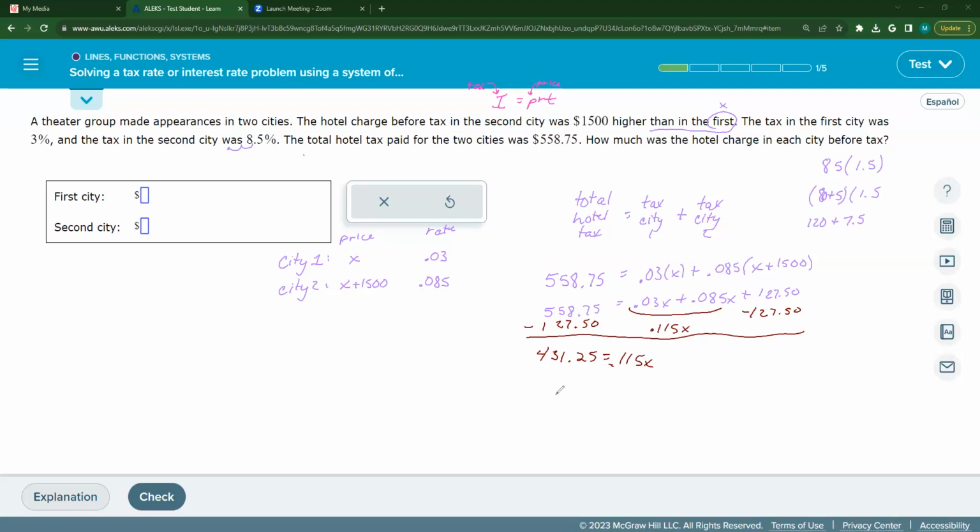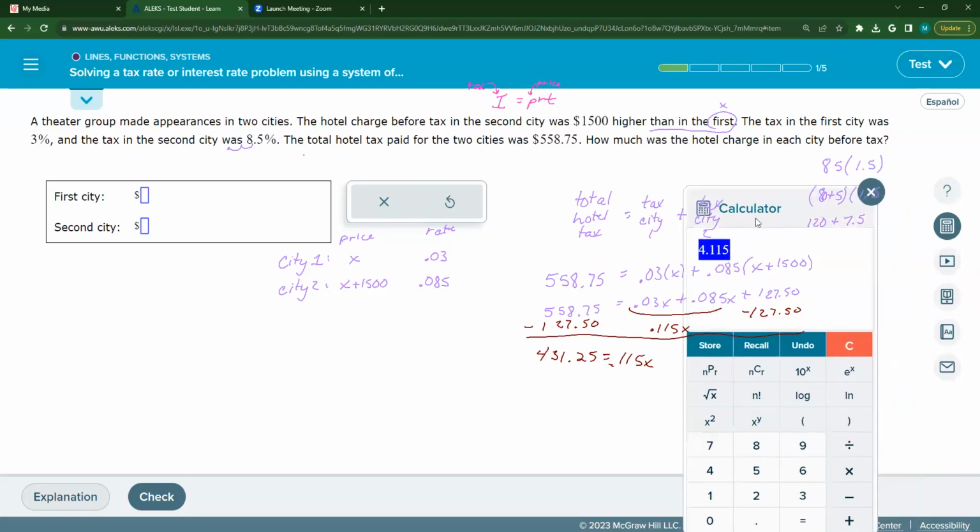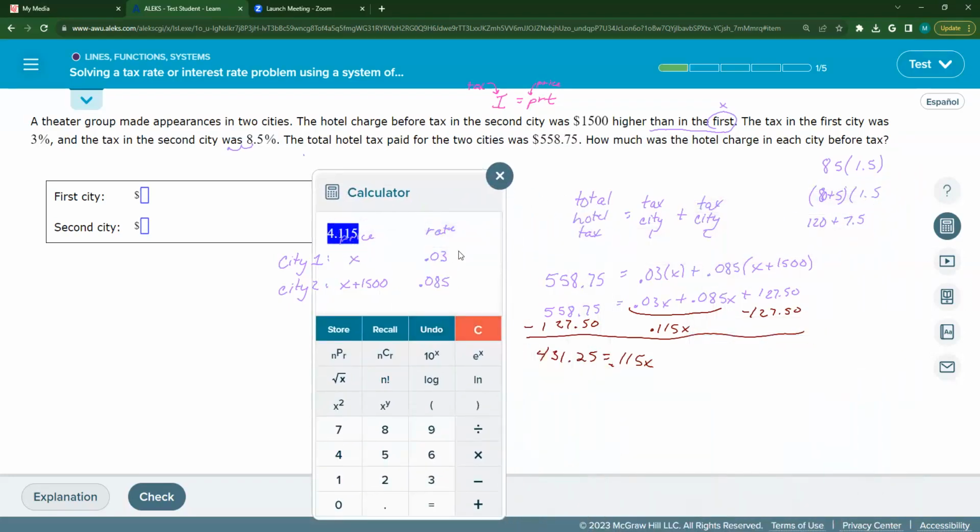Okay. This doesn't look quite right, but we are going to test it and we're going to kind of cheat. So we're going to go 431.25 divided by, equals. That doesn't look right. All right, so we're going to check our calculations.